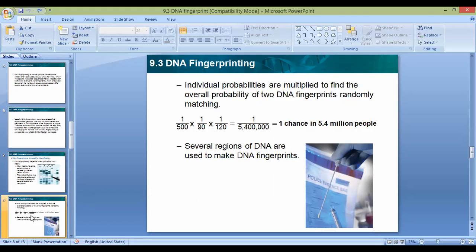Why is the probability of finding two people who match in DNA fingerprint very low? Because the probability of matching is always very low. Look at this equation. If among every 500 people, one matches the same repeats at a certain location, that means among every 1000 people I will find two who are alike. Right? I find one person among 500 who has the same repeat.